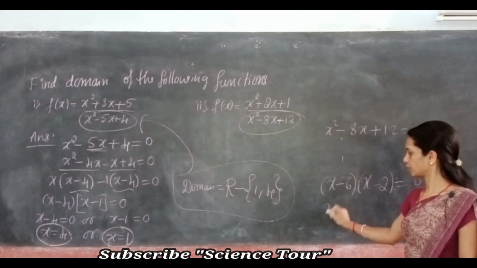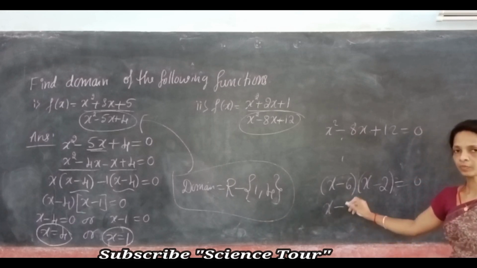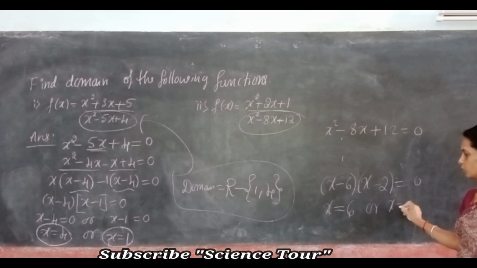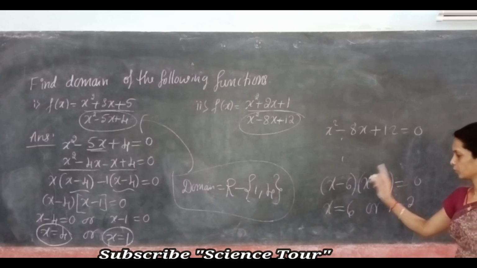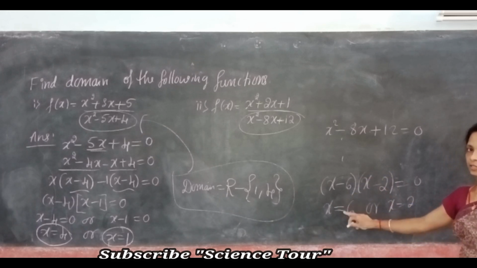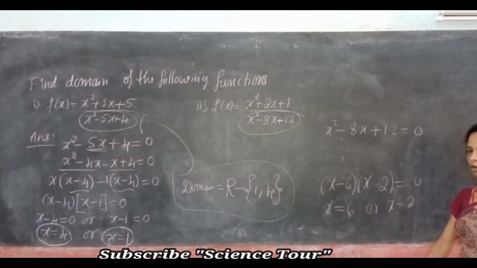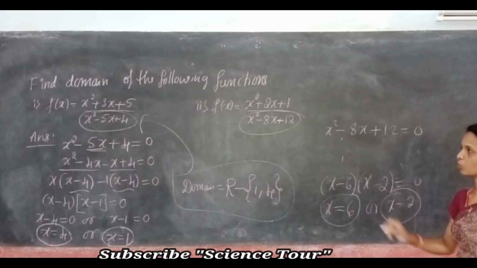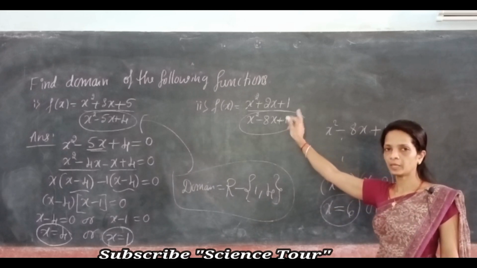That means this will be 0 either for x equal to 6 or for x equal to 2. So for these two real number values, this denominator will be 0.